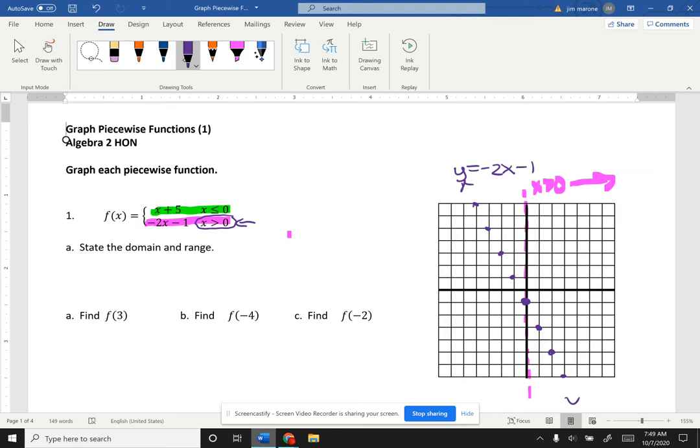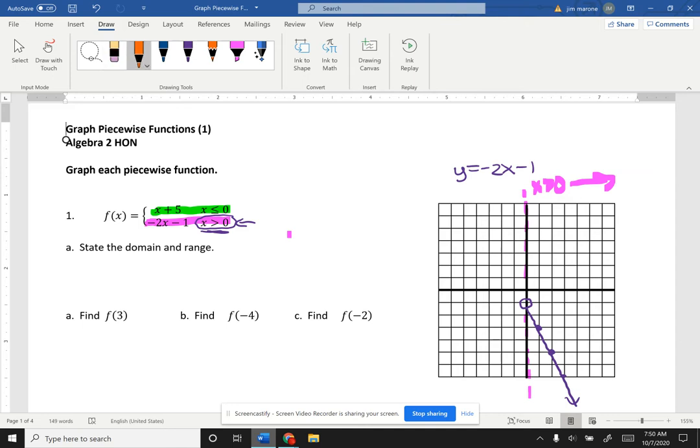I just want starting at x is equal to 0 and going to the right. However, I also need to make this an open circle because it says x is strictly greater than 0. So the purple part right here goes away. So this is y is equal to negative 2x minus 1, where x is greater than 0.